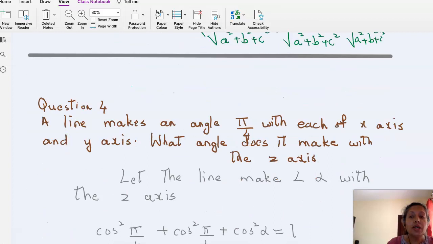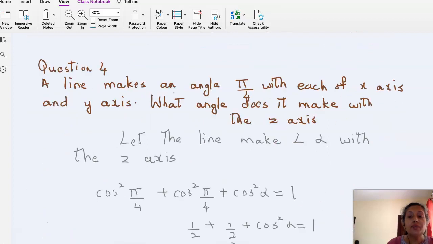Question 4. A line makes an angle pi by 4 with each of the x-axis and y-axis. What angle does it make with the z-axis? So let the line make angle alpha with the z-axis, and it makes angles pi by 4 with the x-axis and y-axis. So I have cos squared pi by 4 plus cos squared pi by 4 plus cos squared alpha equal to 1.